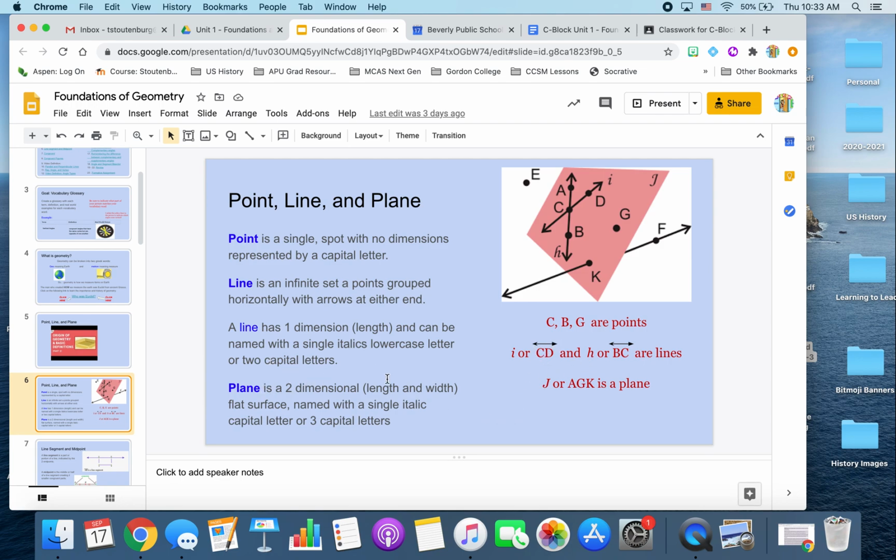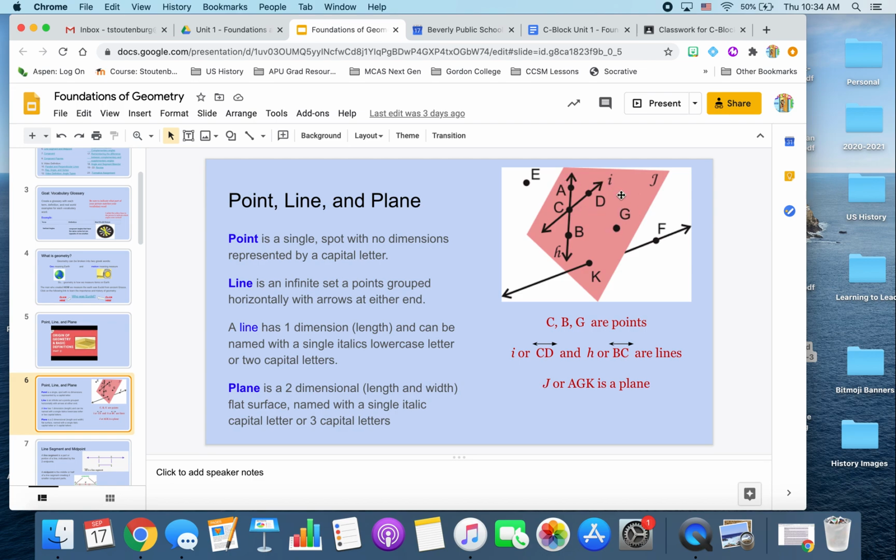And a plane is a flat 2-dimensional surface. So whereas a line is a single dimension that just measures length, a plane has 2 dimensions. It has length and it has width. Okay, and with a plane, we need 3 capital letters, any 3 dots on the plane, or we have the capital italicized letter J. So this pink square here represents a plane.